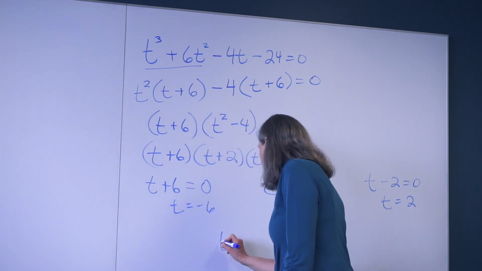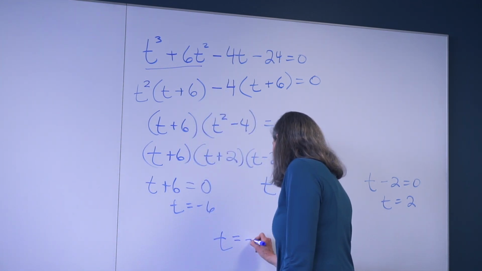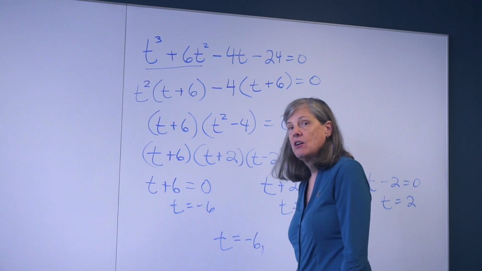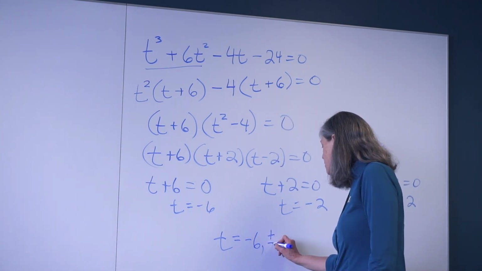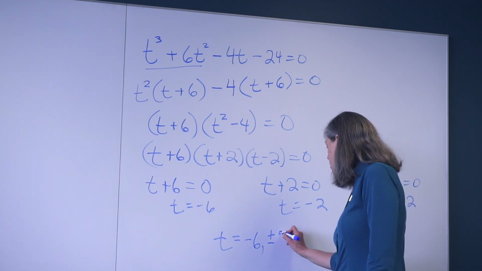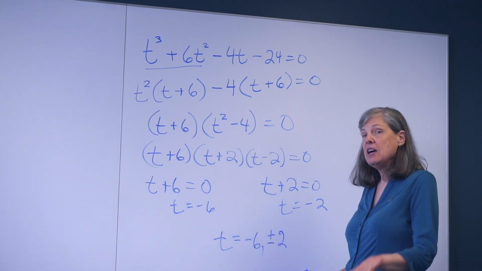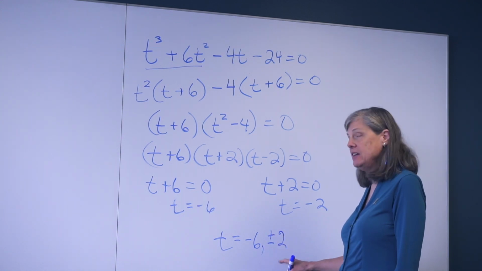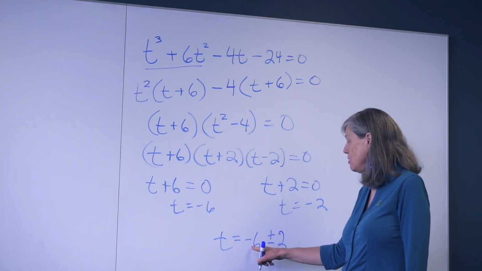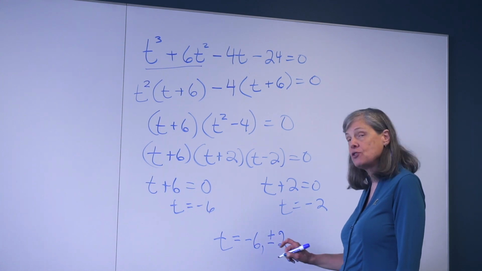And so my final answer is going to be t equals negative 6. Again, the comma means or, and then we write it plus or minus 2. That's 3 separate answers. Negative 6, positive 2, and negative 2. But this is how we write it. t equals negative 6 or plus or minus 2.